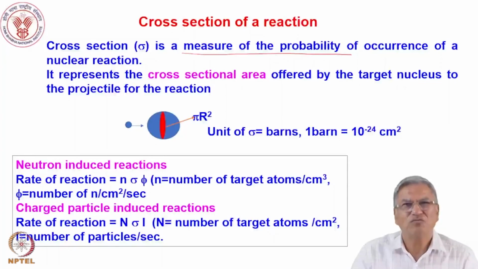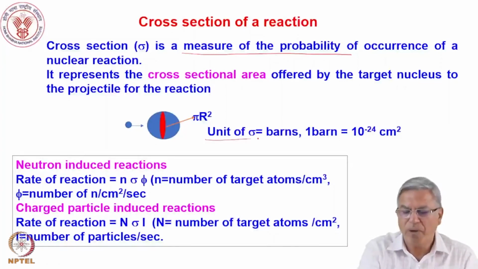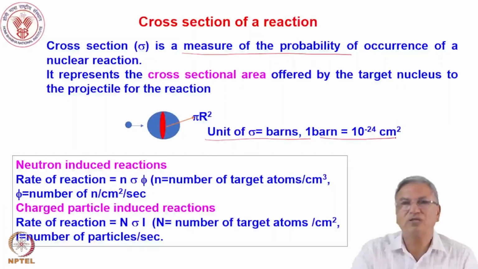In fact, from that only the cross-section derives its units of barn, where one barn is 10 power minus 24 centimeters square. So the nuclear dimensions are of the order of Fermis, 10 power minus 13 centimeter. And so in fact the R0, the radius constant, is 1.4 times 10 power minus 13 centimeter. And the radii of nuclei will be R0 A raised to 1/3.